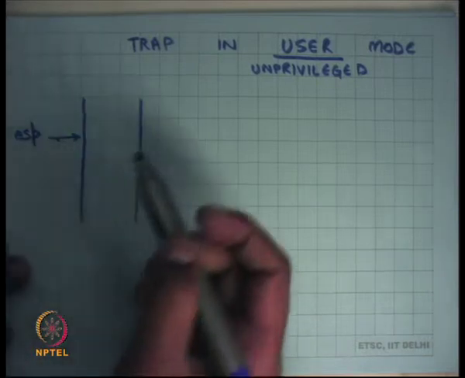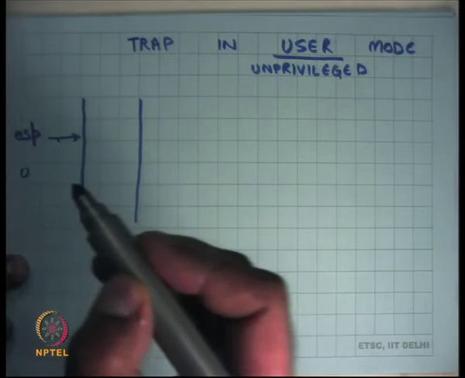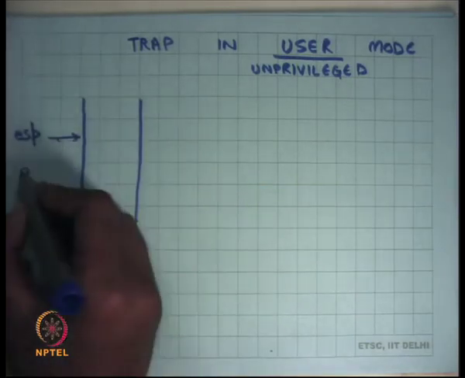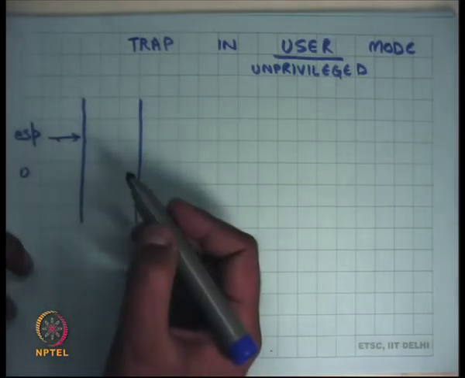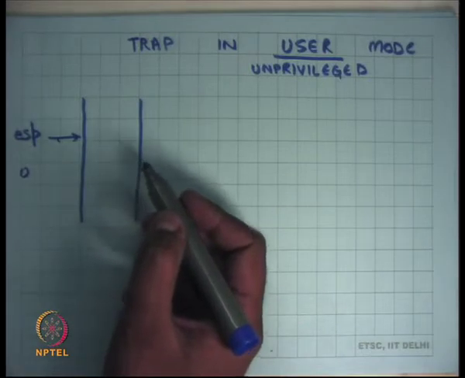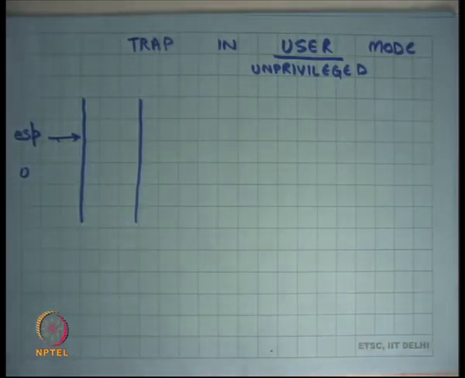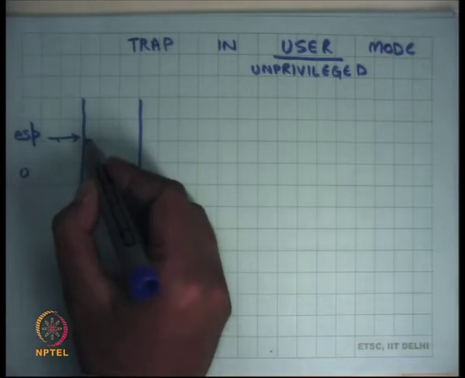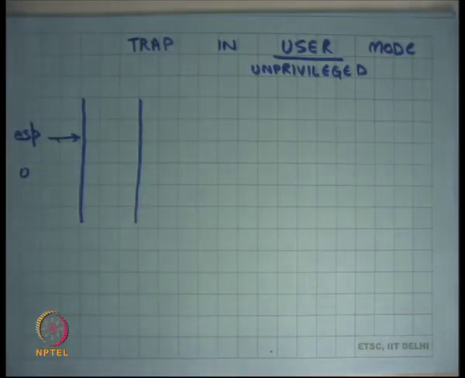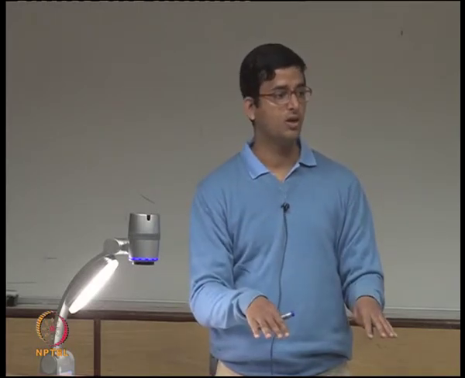In this case, if the process had just set ESP to 0, for example, or some invalid address, and then executed some exceptional condition which caused a trap, then what will happen is the kernel will try to push on a full stack, right? 0 cannot be decremented any further, and so it will get into an infinite exceptional condition, and the CPU will actually halt.